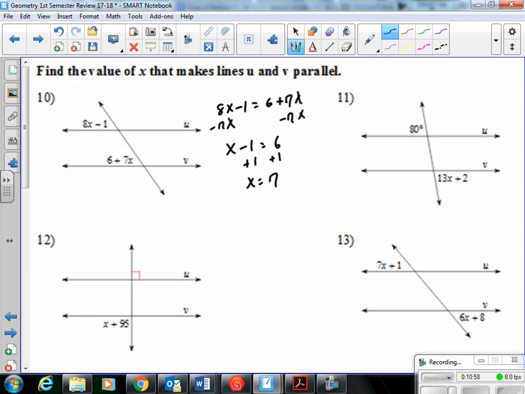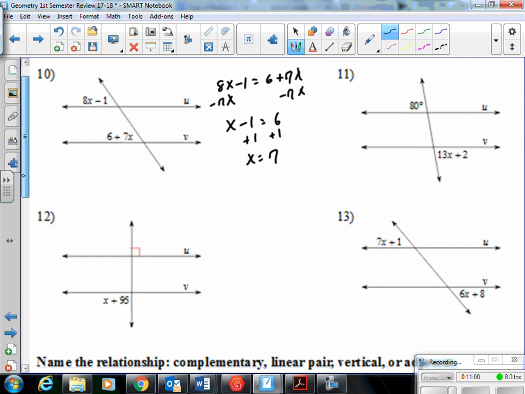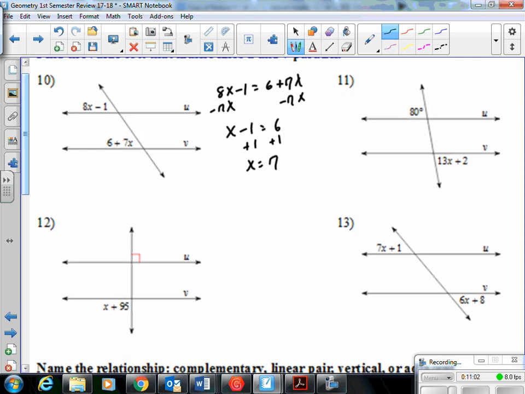Now I'm just going to do 11, like what was actually on your paper. 11 is 115 and 16x plus 3, which would be corresponding angles, just like that last one.